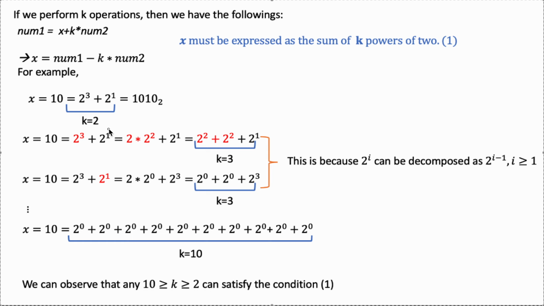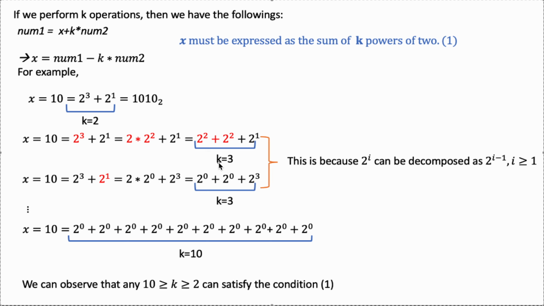What if I perform 3 steps, can I do that? Yes, I can, because we can represent one of the powers of 2 as 2 multiplied by 2 to the power of 2, and so we have k equal to 3.